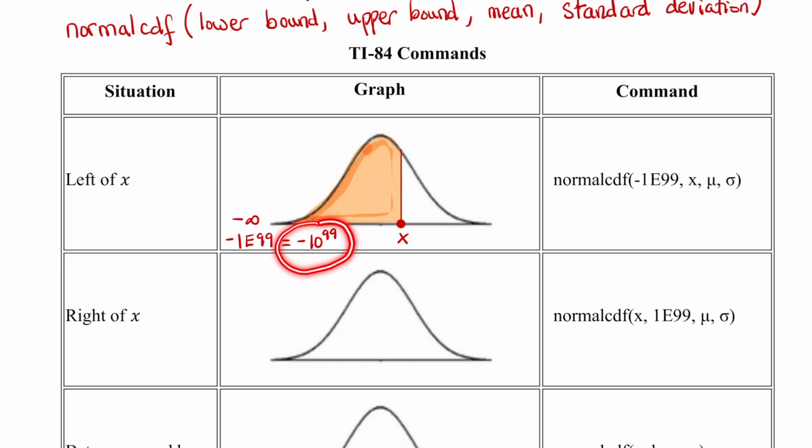It's not actually negative infinity, but it's so far to the left that the calculator treats it like negative infinity. The upper bound is where this shaded region stops, which is x. So to find this area, we use normalcdf, negative 1e99, comma, x, comma, mean, comma, standard deviation. And when you enter this in the calculator, you can use negative 10 to the 99.